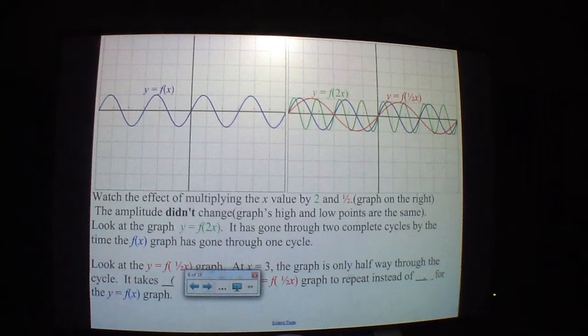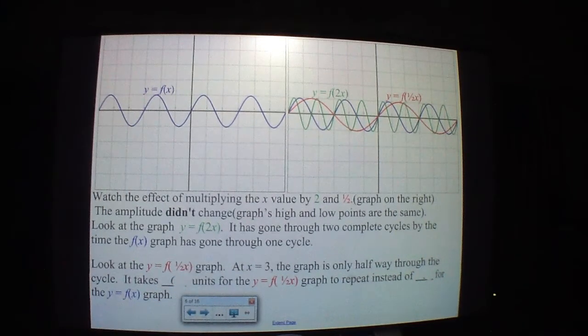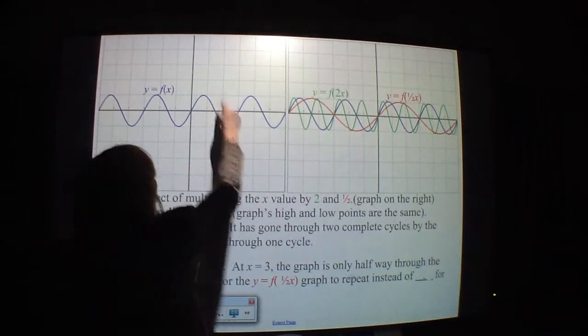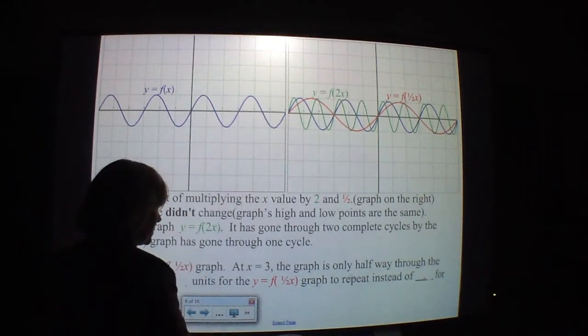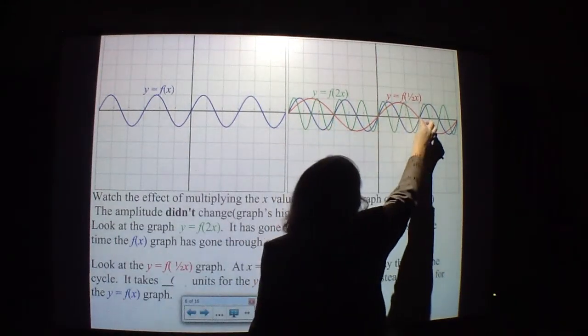And there's the graph right there. Same graphs, like I said, stretched and shrunk horizontally, but the high points and low points did not change. The blue graph was my original graph. It took 3 units to go through one cycle before it started repeating. This is 3 units, 3 units.